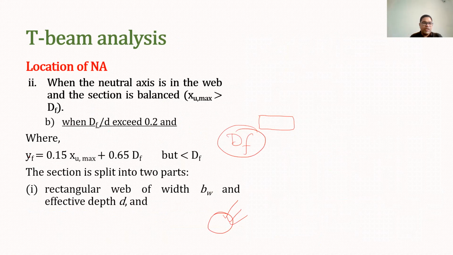To calculate the value of yf, we were using 0.15 Xu max in case of 2B. Now in case of 3B, we will be using 0.15 Xu plus 0.65 Df. That is the formula that we will be using to calculate the value of yf in case of 3B.